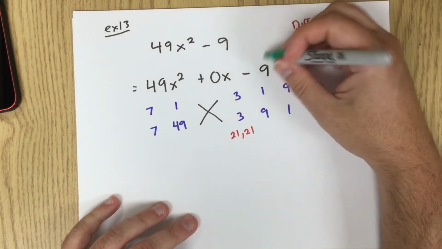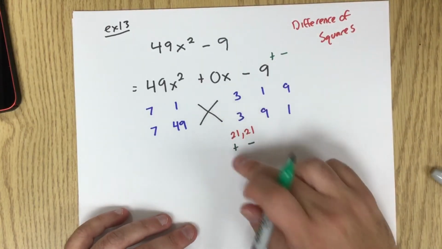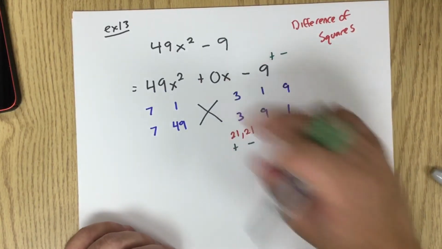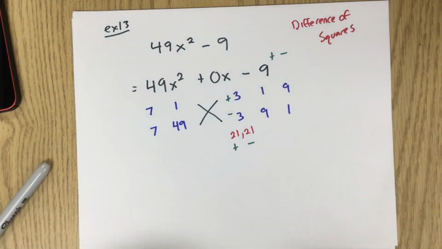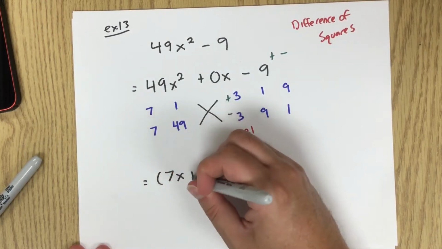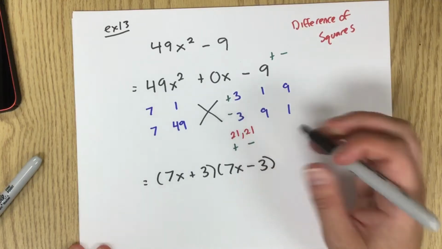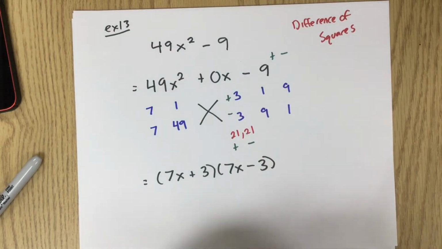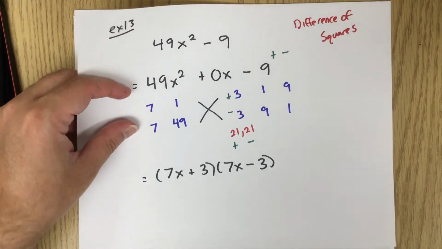Because since it multiplies to a negative, one's plus, one's minus. 21 minus 21 gives us 0. It doesn't really matter which one's positive or negative. And that factors then into 7x plus 3, 7x minus 3. Difference of squares.